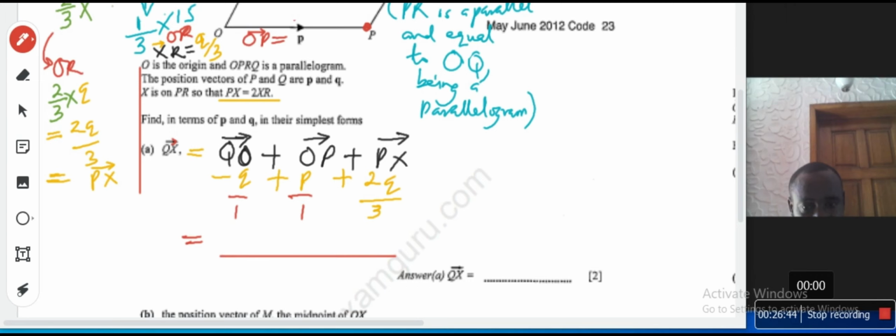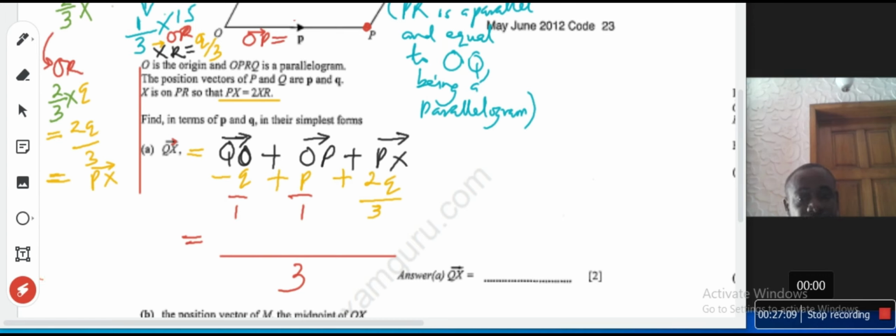The LCM is 3. When you are solving fractions, you use LCM. You raise them to the same denominator.